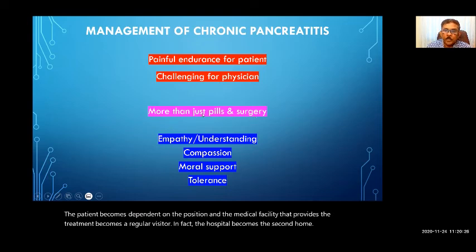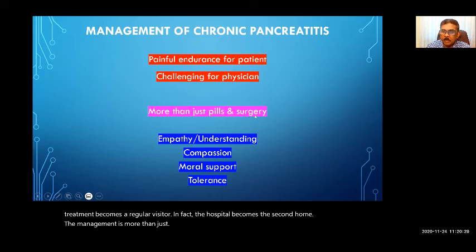The management is more than just giving of pills and surgery.